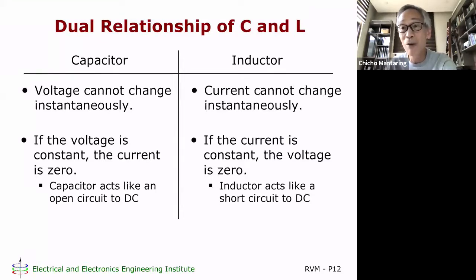That's going to change now. Because if you have time changing voltages, so if your voltage is not constant, your current through the capacitor is no longer zero. Or if you have time changing currents, your voltage across your inductor is no longer zero.